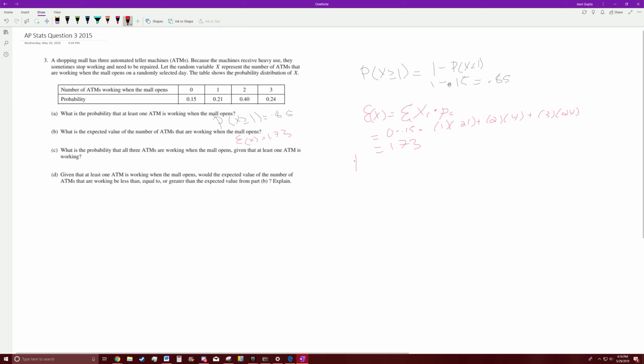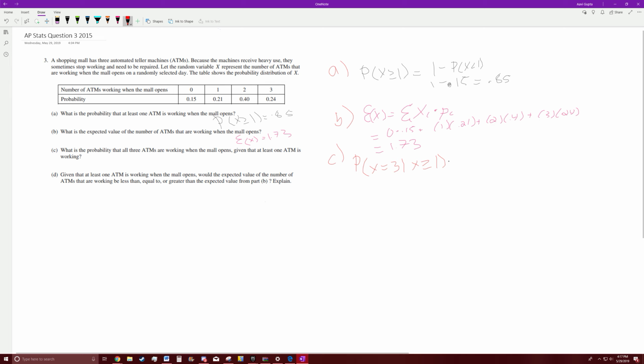This is A, this is B, this is C. The probability that x is equal to 3 given x is at least 1.